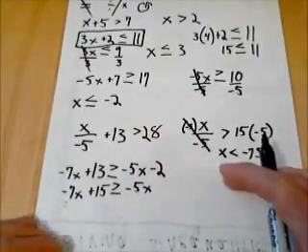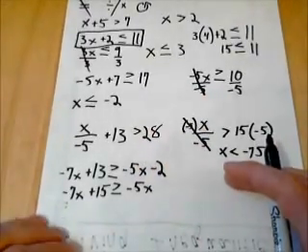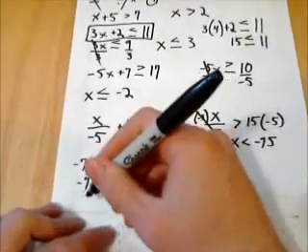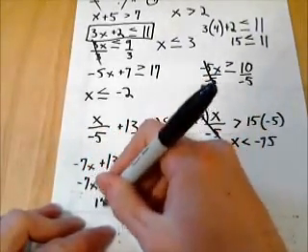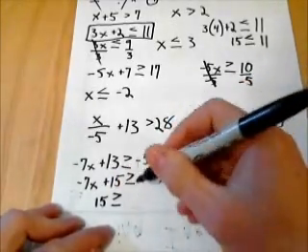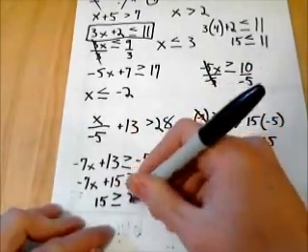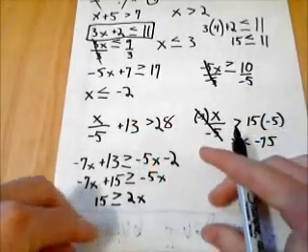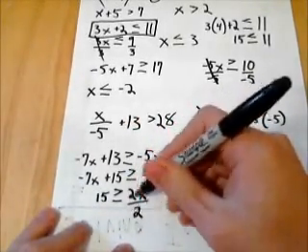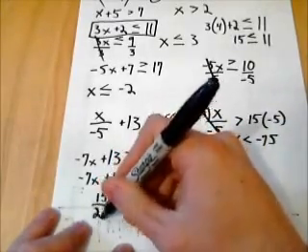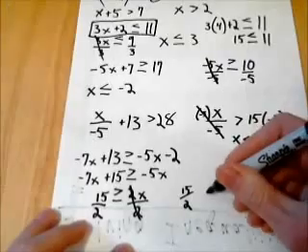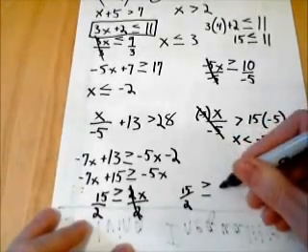Now let's get our x's on one side by adding 7x to both sides, which leaves us with 15 is equal to or greater than negative 5x plus 7x, which is equal to 2x. Now all we have to do is divide by 2 on both sides, which gives us 15 halves is equal to or greater than x.